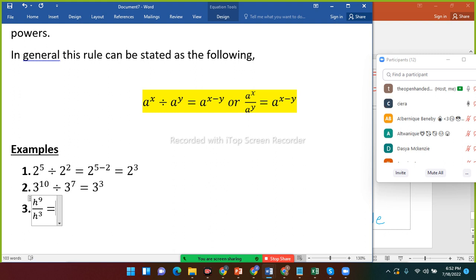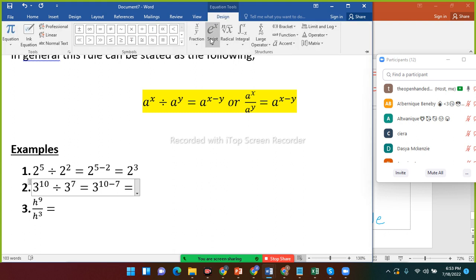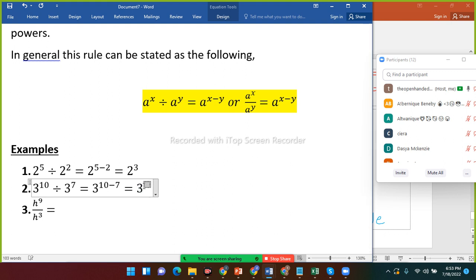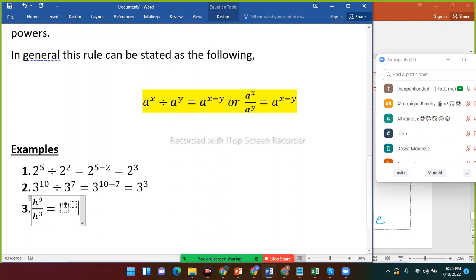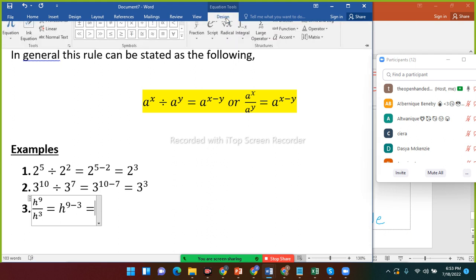H to the power of 9, take away 3, h to the power of 6. Excellent. Even though it is a fraction, a fraction still means that we are dividing. Make sure that you remember that. So there's going to be h to the power of 9 minus 3, h to the power of 6.